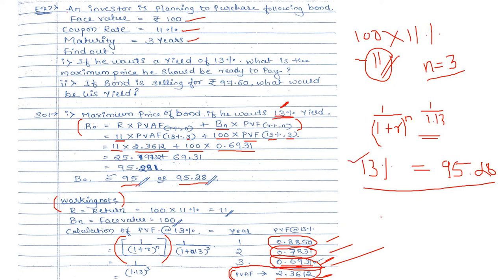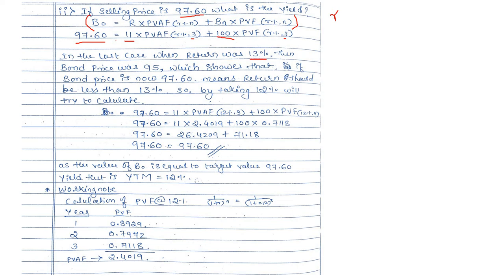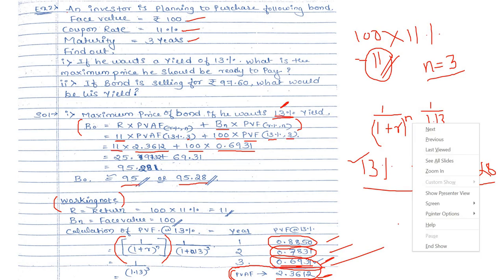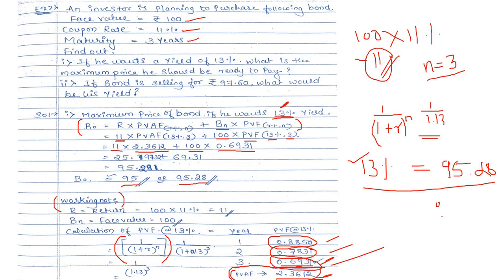Now check what the selling price is now: 97.60. So we want R, the rate of return, that we have to calculate.